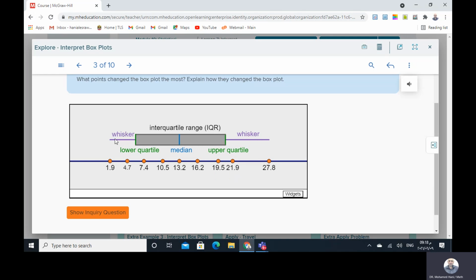The whisker means the distance between the lowest value and the first quartile, and between the third quartile and the upper, or biggest, value.